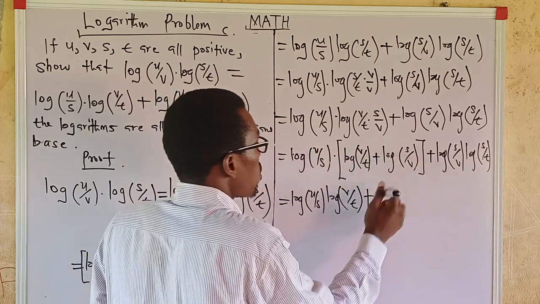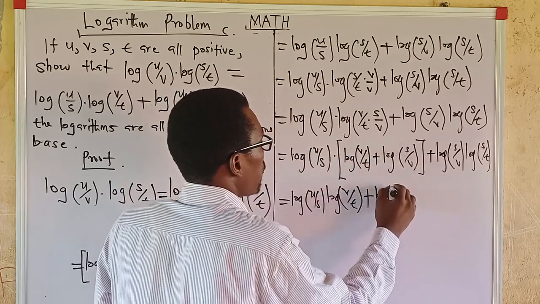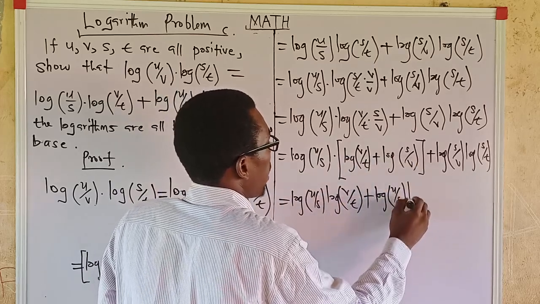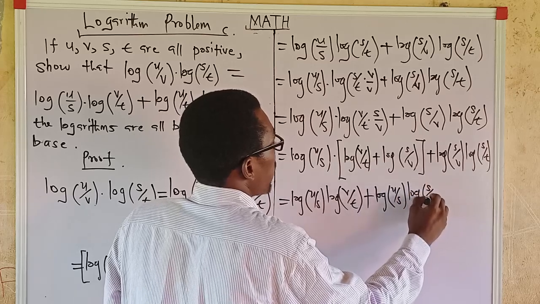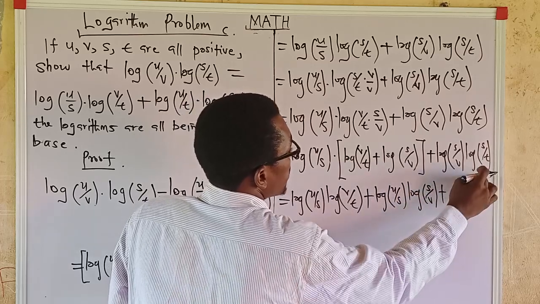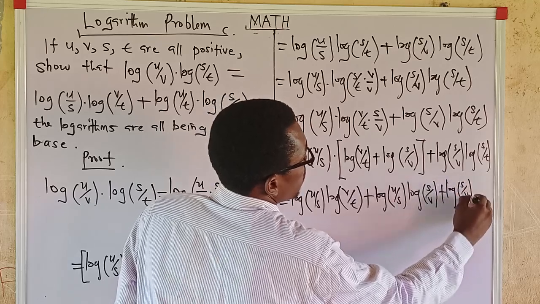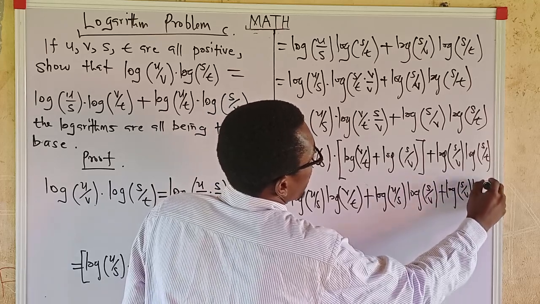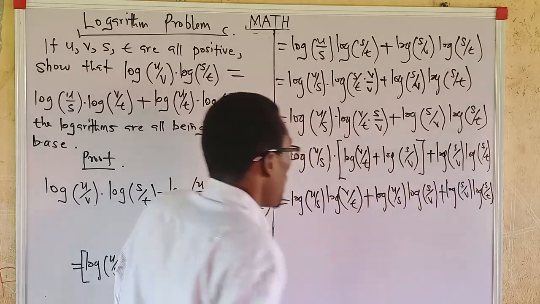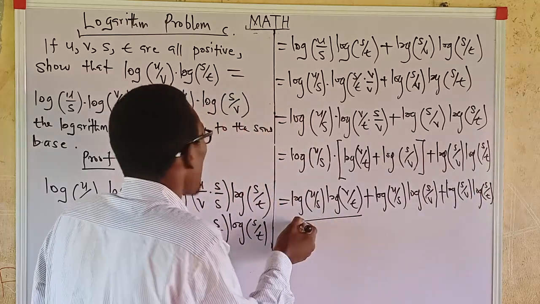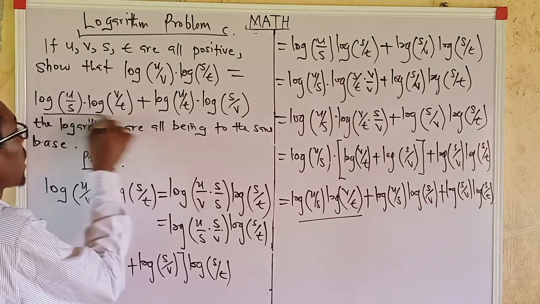This multiplied by this, we have log to an arbitrary base of U over S multiplied by log to an arbitrary base of S over V. Then plus, write this expression, we have log to an arbitrary base of S over V multiplied by log to an arbitrary base of S over T. Can you see that? Now, if you observe this term, you see that it is exactly what we are seeing here. Can you see that?